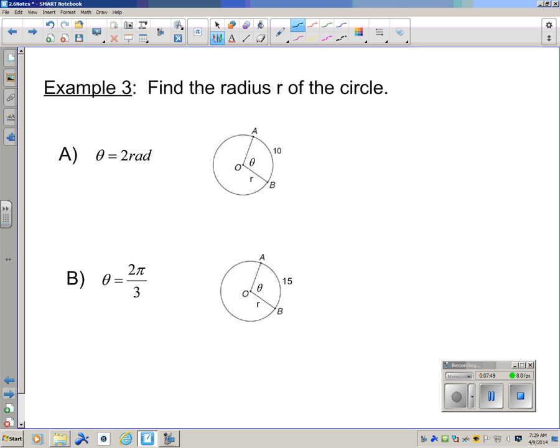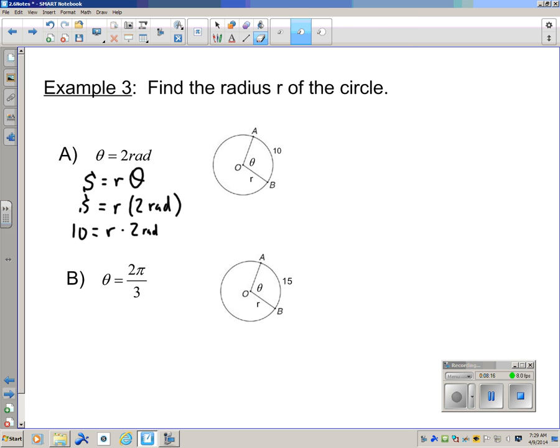So using my nice formula that we've been using all along, we have S equals R times theta. Theta is 2 radians, so since theta has to be in radians, we're going to put it in there. We don't have the radius, we have the arc length being 10, so I'm going to plug that in as well. We're trying to find the radius.